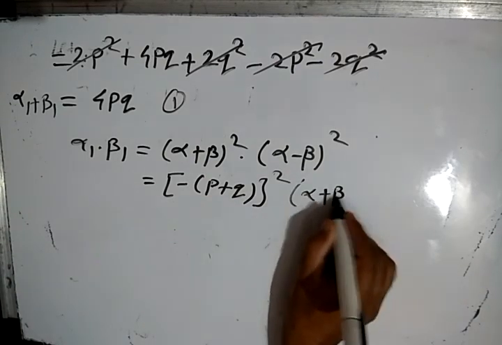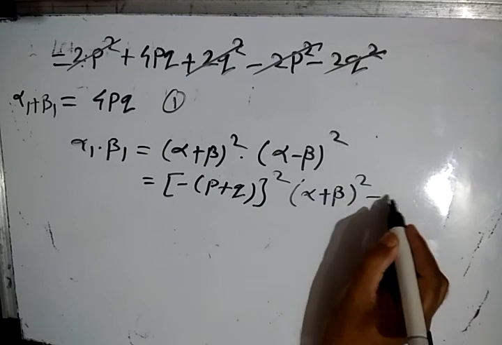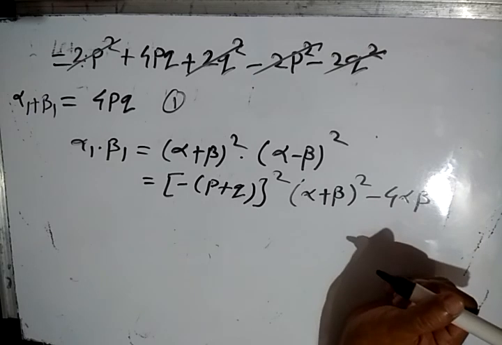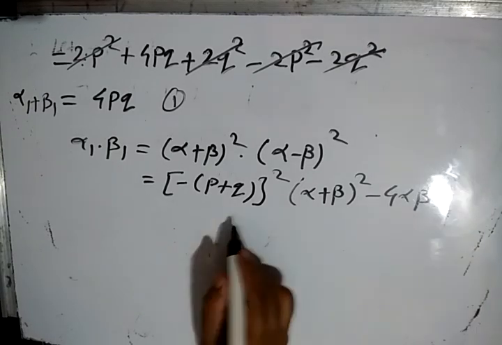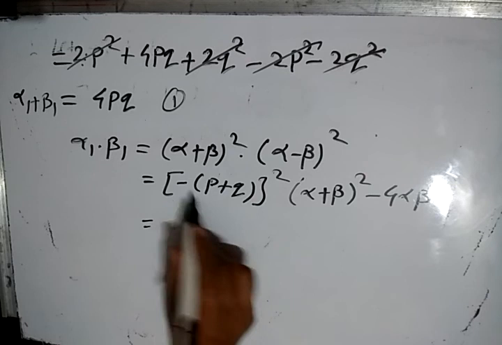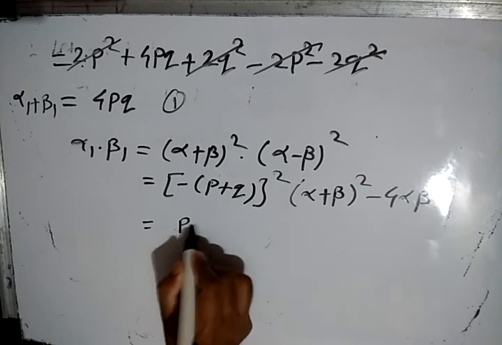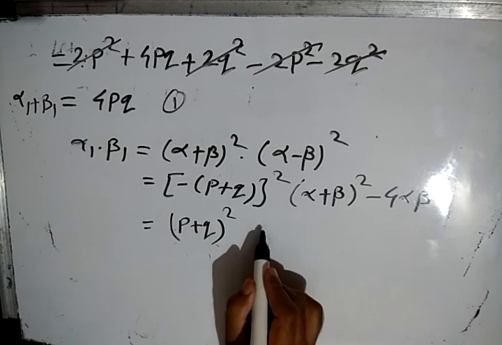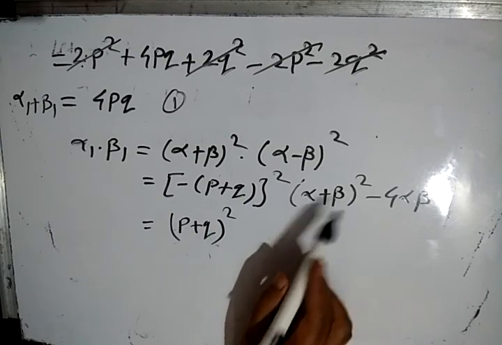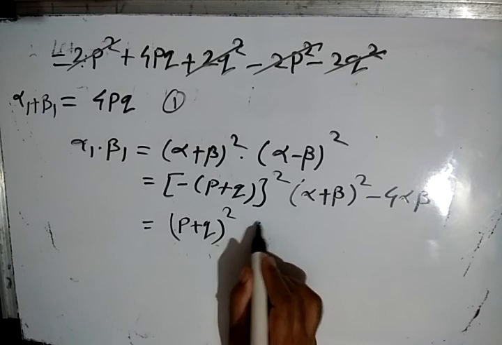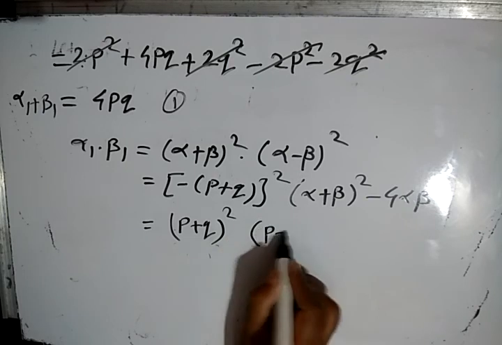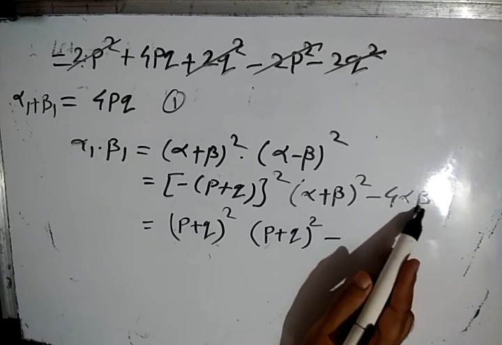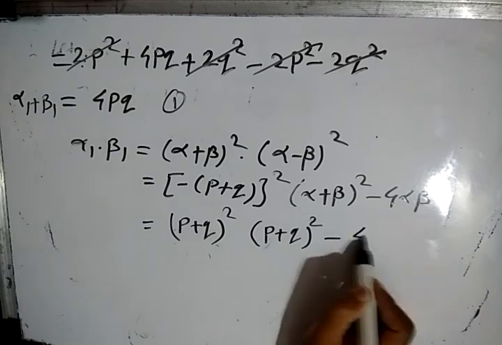Alpha plus beta whole square minus 4 alpha beta, which is used previously here. And here we can write p plus q whole square, alpha plus beta, that is again we can write here p plus q whole square minus 4 into alpha into beta. 4 as it is.